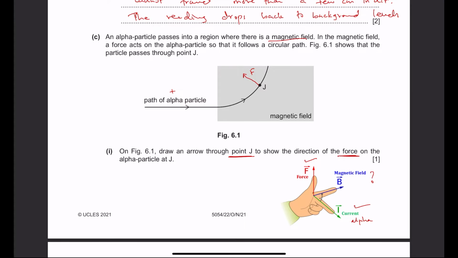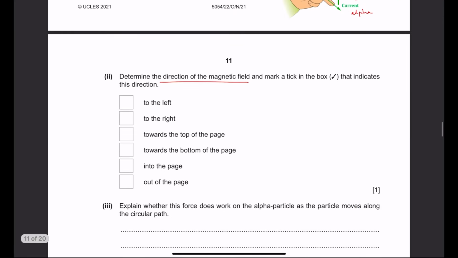So your middle finger is going to be pointing in this direction. The force on the particle is upwards, so your thumb should be pointing upwards. And automatically you will find that when you do this, the direction of the magnetic field, or the direction of your index finger, is pointing into the page. Therefore, the answer will be into the page. The direction of the magnetic field is into the page.